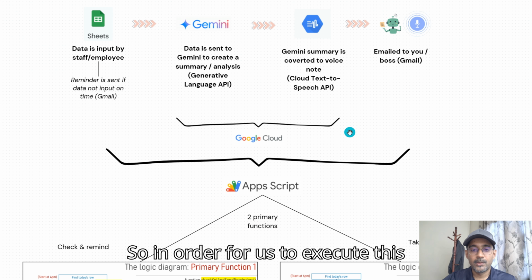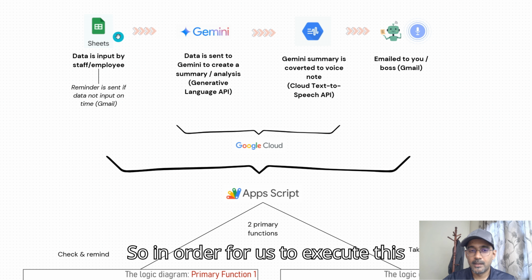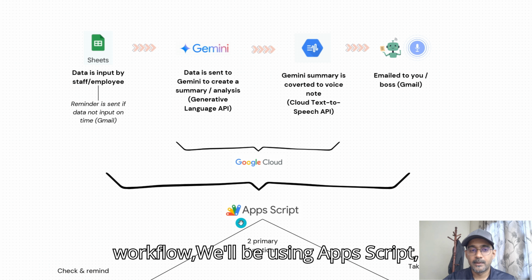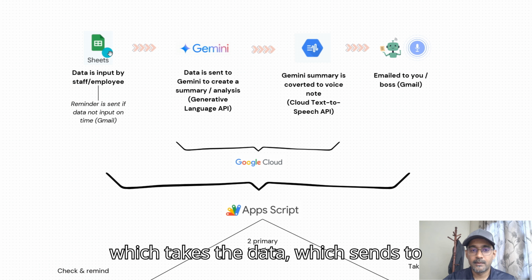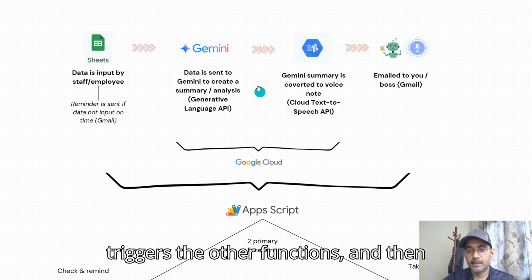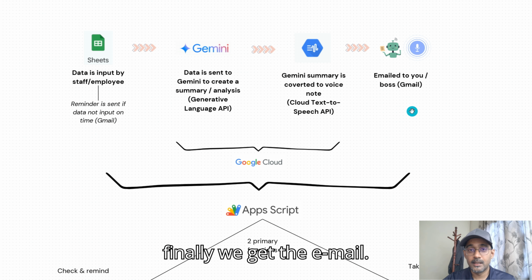In order for us to execute this workflow, we'll be using Apps Script, which takes the data, sends it to Google's cloud functions, triggers the other functions, and then finally we get the email.